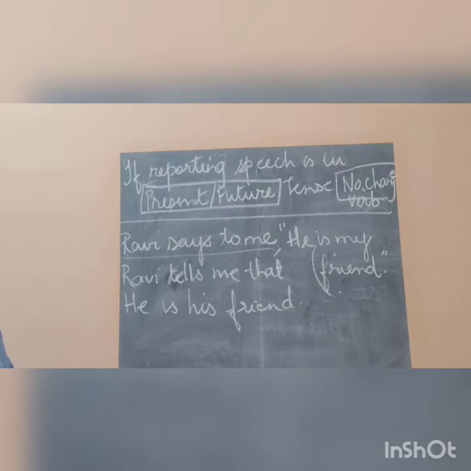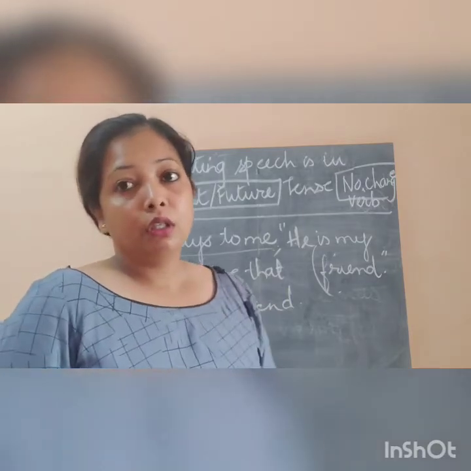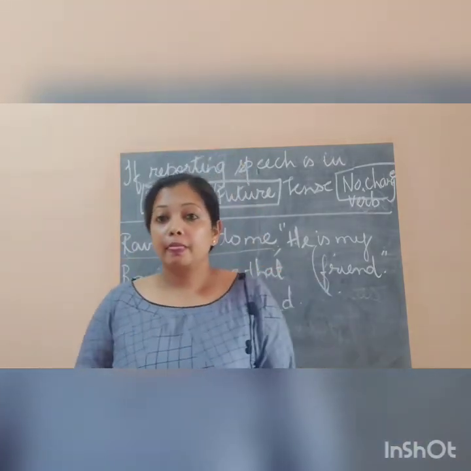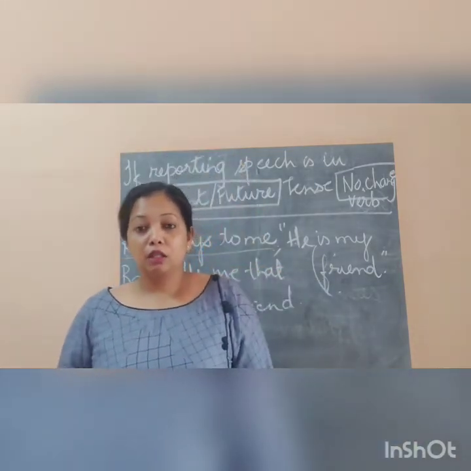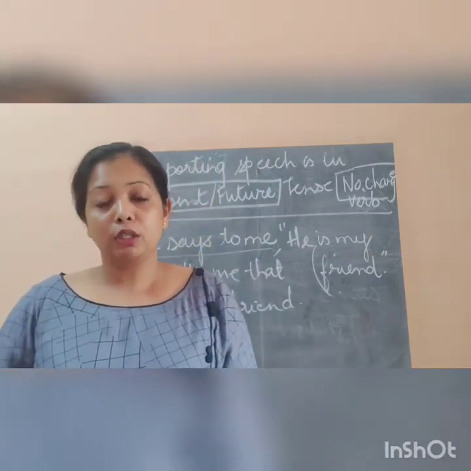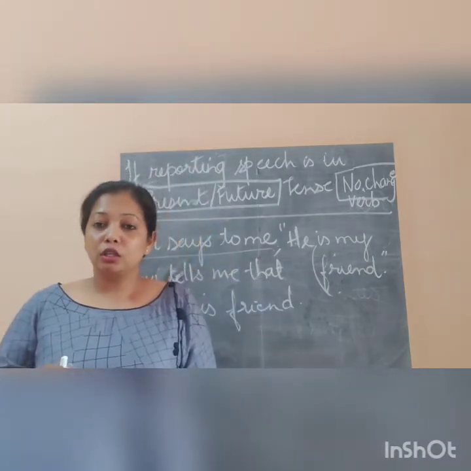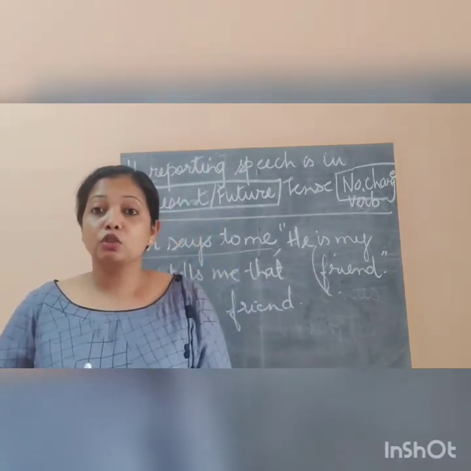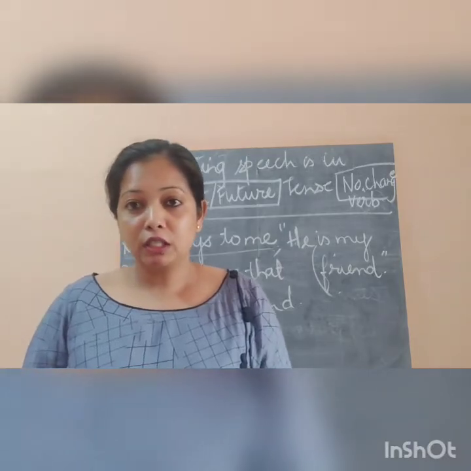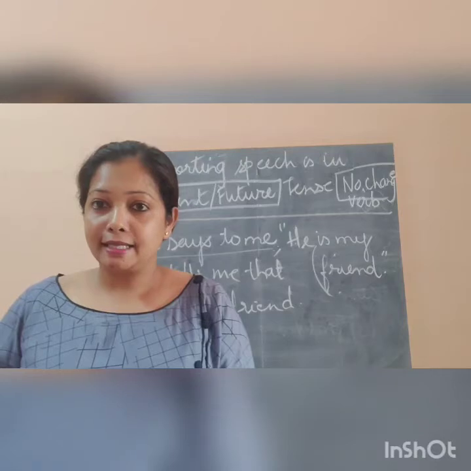So here there is a whose friend, it's written my. I told you my is again in the family of words, right? I will be giving you a chart for that also. So when we say there is no change in the verb, right?